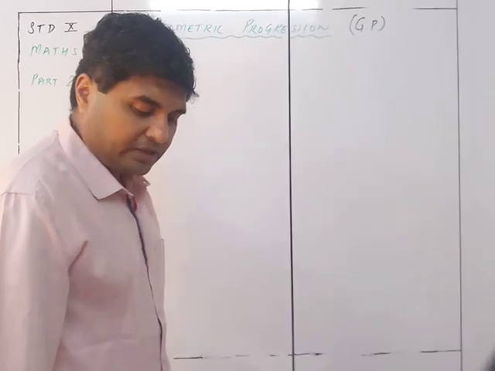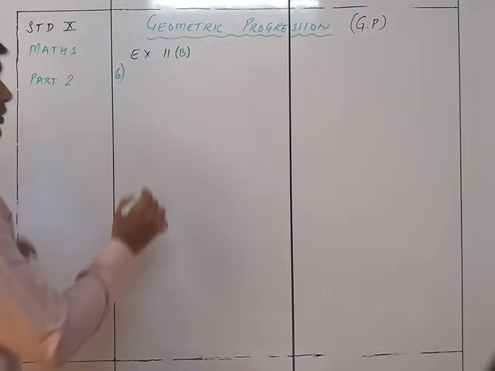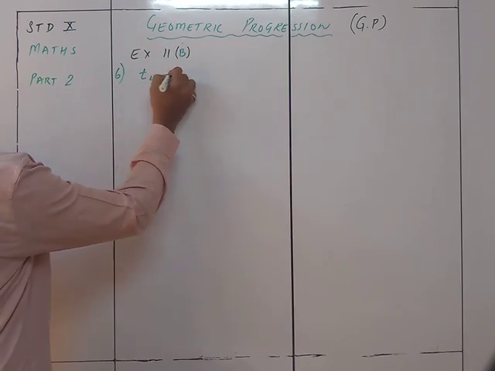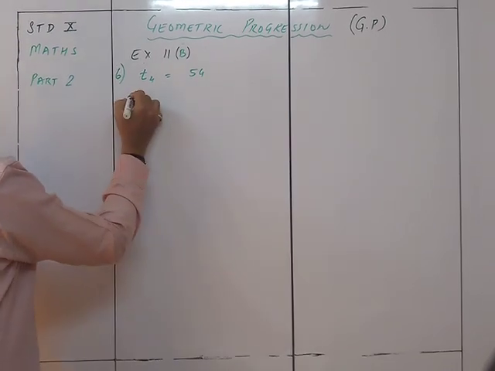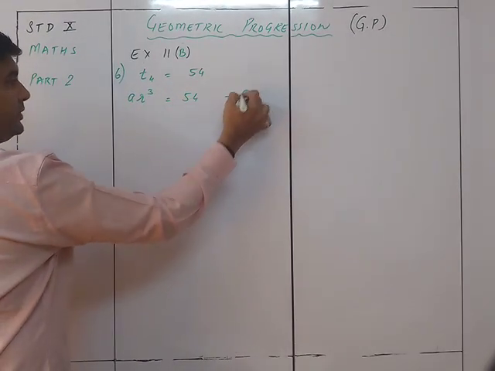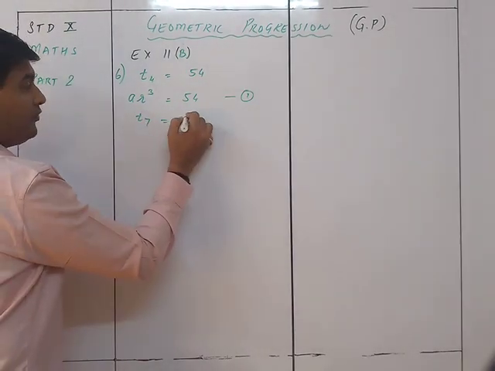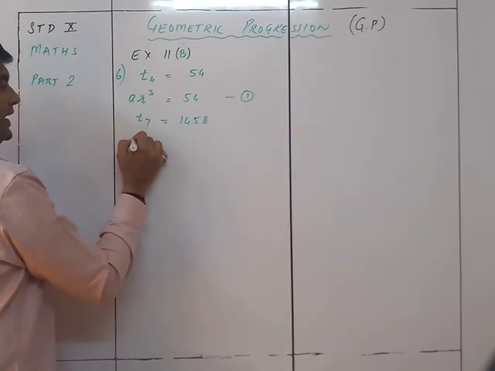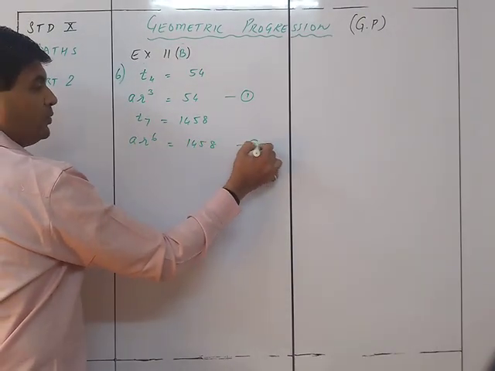Find the geometric progression with 4th term 54 and 7th term 1458. So 4th term T4 is equal to 54. So AR raised to 3 is equal to 54. That's the first equation. And the 7th term is 1458. So AR raised to 6 is 1458, the second one.